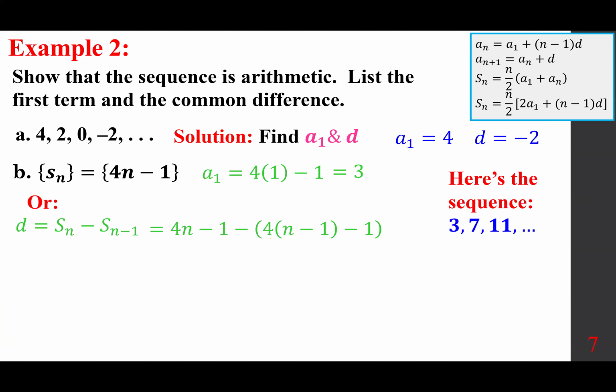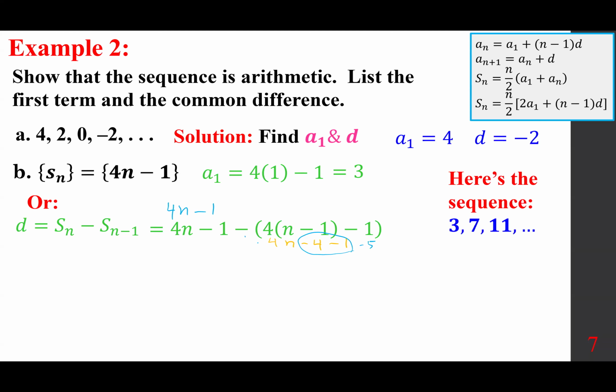So this is 4n minus 4 minus 1. So we have 4n minus 1.